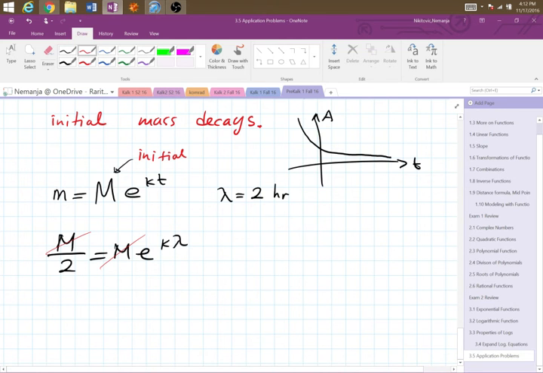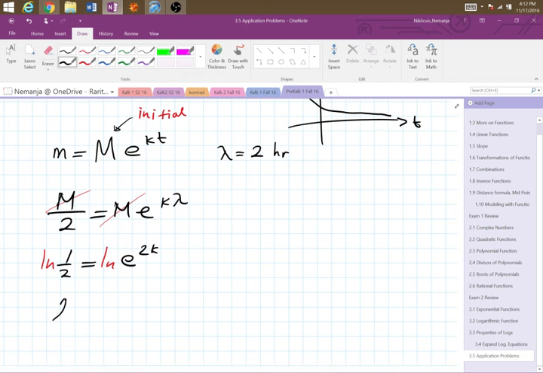So whether it was 100 milligrams, 200 milligrams, 400 milligrams, 30 tons, in terms of how fast it's going to metabolize, that's the equation there. We have 1/2 is equal to e to the 2k, and then we ln both sides. This is e. Looks ugly, but it's e. And we have ln of 1/2 is equal to 2k.